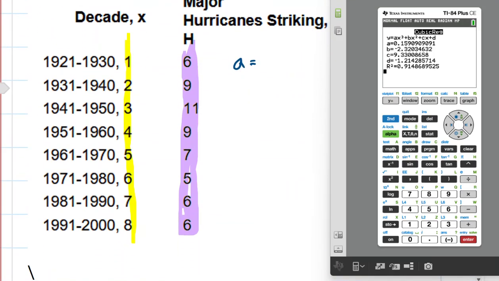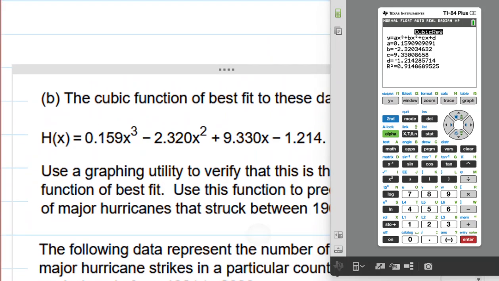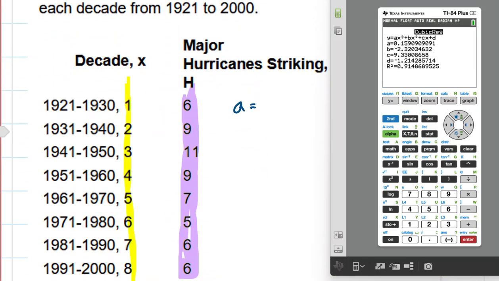So A is, and they did 3 decimals, so A is 159. B is negative 2.320. And our C is a positive 9.330. If I read that right.